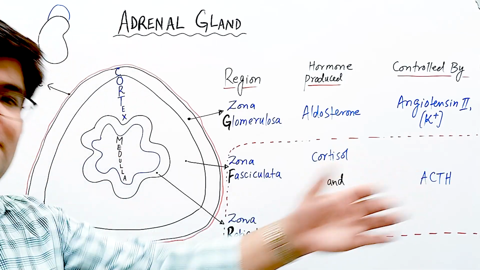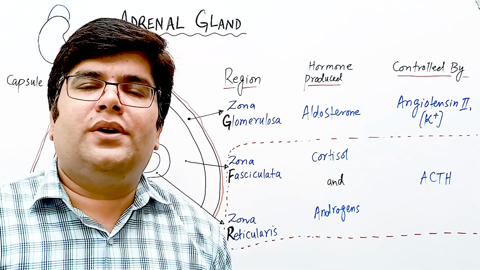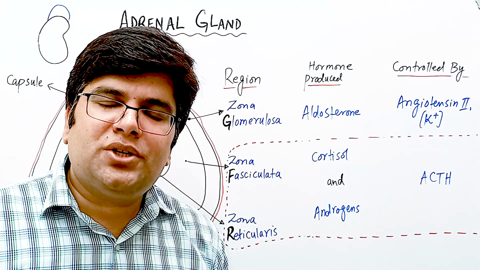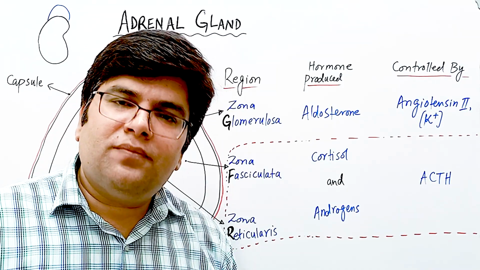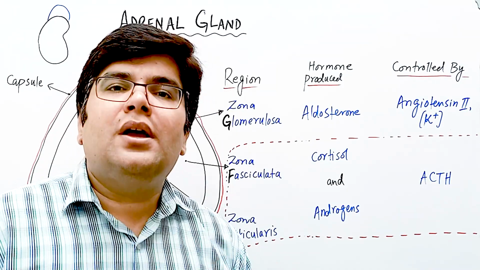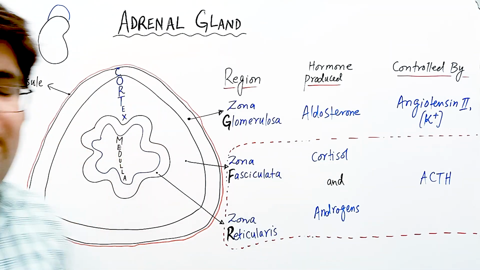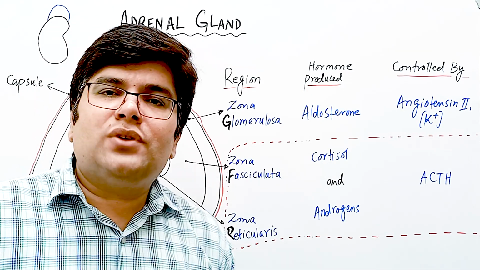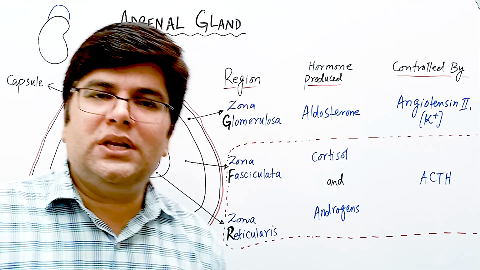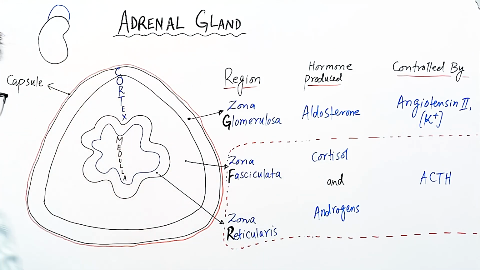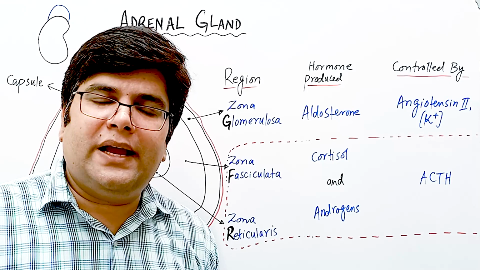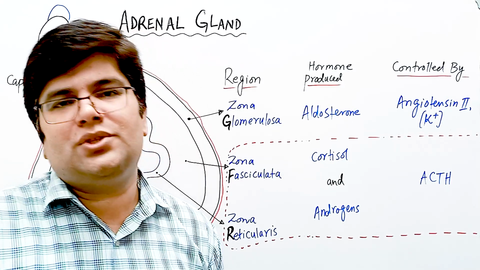And these two categories of hormones are totally different in terms of their mechanism of action, their secretion, their transport in blood, functions, and also their regulation. The catecholamines produced from medulla are derivatives of amino acid tyrosine, and the steroid hormones which are released from cortex of the adrenal gland are derived from cholesterol.